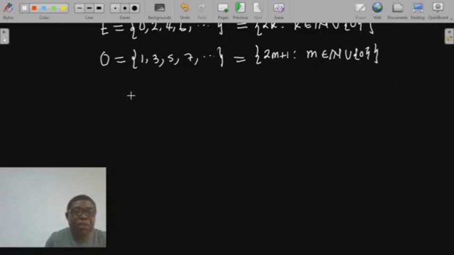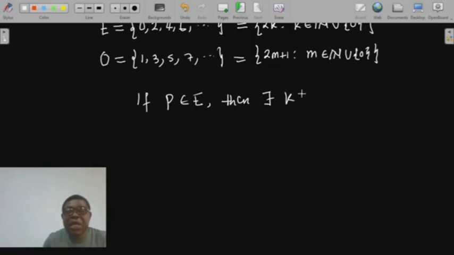I want us to observe that if P is an even number, then by the definition above, there exists k in the set of natural numbers, union 0, such that P is equal to 2k.